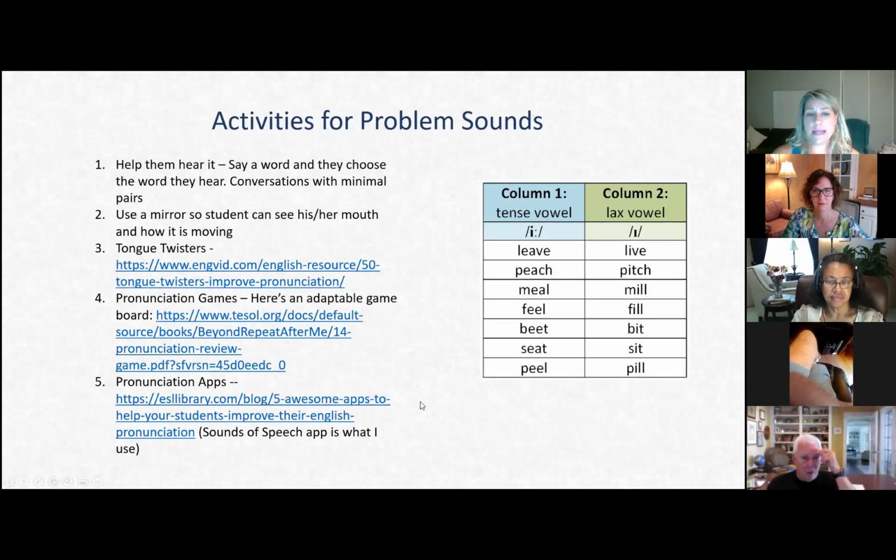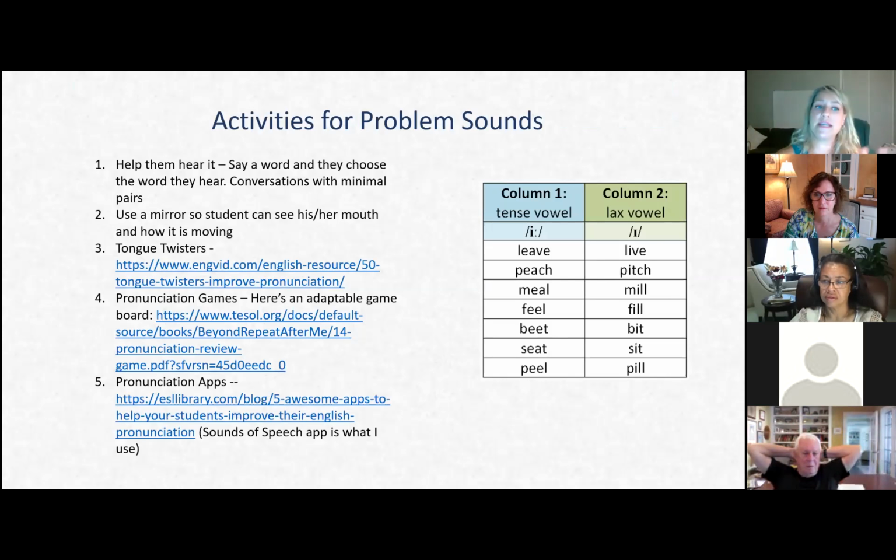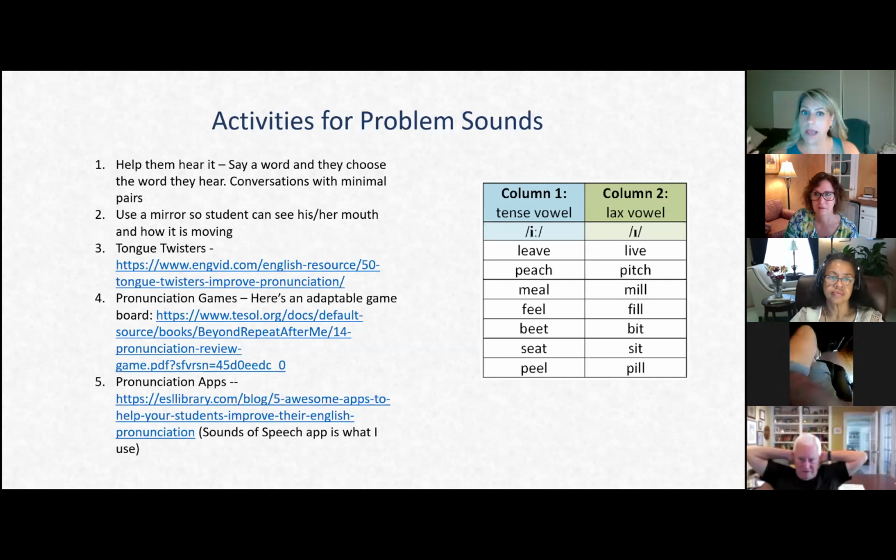Activities for problem sounds. So at this point, once you've determined what problems your student is having, you can start doing some of these activities with them. Let me say this too about pronunciation. I never teach pronunciation without listening. In other words, the skill of listening goes hand in hand with pronunciation.